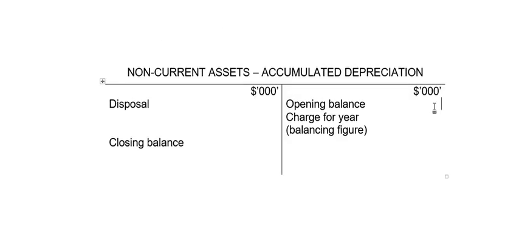The opening balance is always on the credit for accumulated depreciation, and that balance is 4,800 as per the balance sheet. Then the closing balance, that is 5,600. So enter the opening balance and then the closing balance.